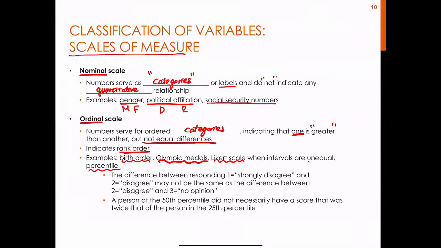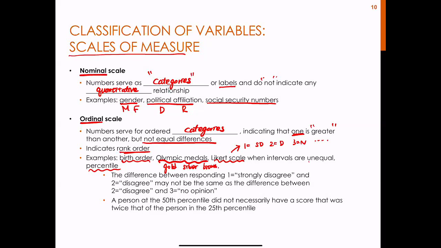As I already mentioned, the Likert scale like 1 equals strongly disagree, 2 equals disagree, 3 is neutral, and so on. And for the Olympic medals, gold, silver, and bronze, right? Actually, one is greater than others, right?